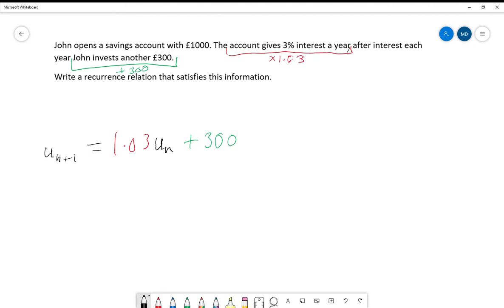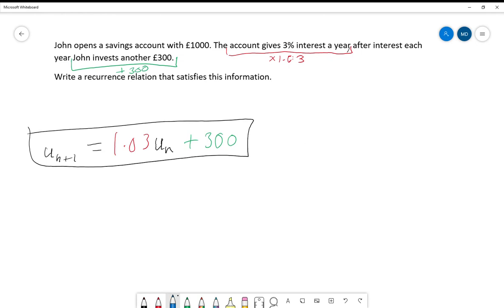But that's not quite enough, because at this point, if someone just saw that, they'd be asking, well, what is Un? So we also need to write at the end what we're talking about. Or in fact, arguably, we want to write that beforehand.